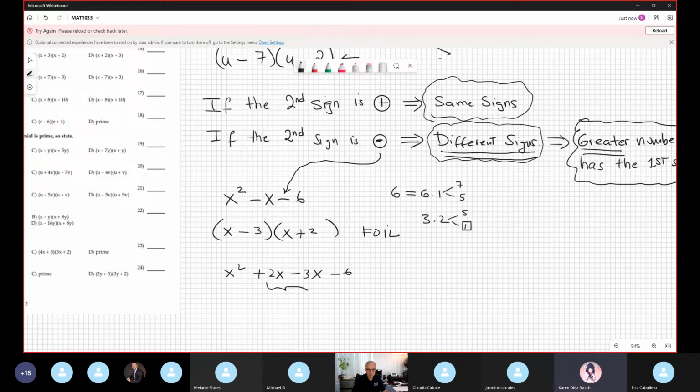When you combine, you always combine the outer and the inner product, because the outer and inner products together give me the middle term. When you subtract, obviously 2x minus 3x is minus x. So my answer is x squared minus x minus 6. It's exactly coincident with the original problem.